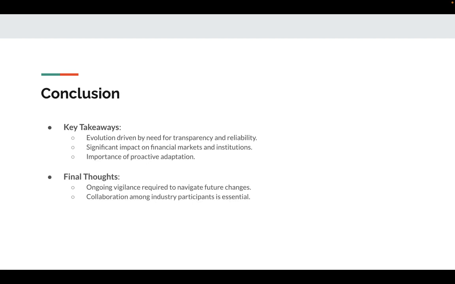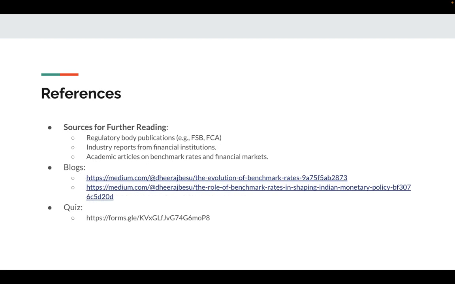Now let's look into the references that you can look into to further understand these benchmarks. There are Financial Stability Board reports, which published reports on benchmark rate reforms. There is the International Swaps and Derivatives Association, which provides guidelines on fallback provisions and protocols.